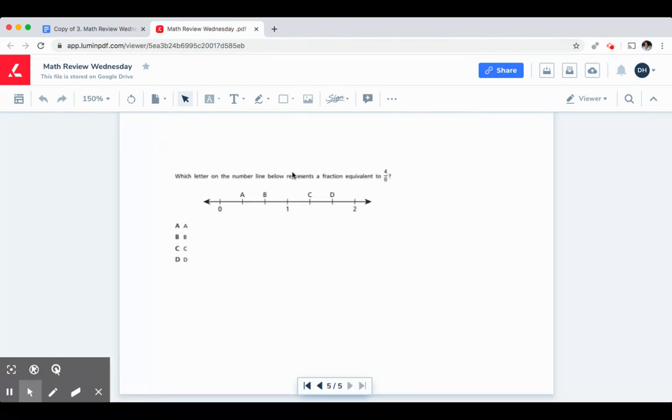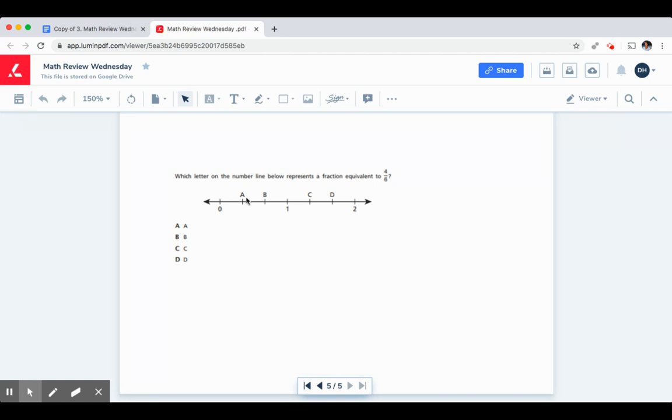The last problem that we're going to go over together asks us to determine which letter on the number line below represents the fraction 4/6. We were given a number line with a couple of hash marks and the numbers 0, 1, and 2 labeled.